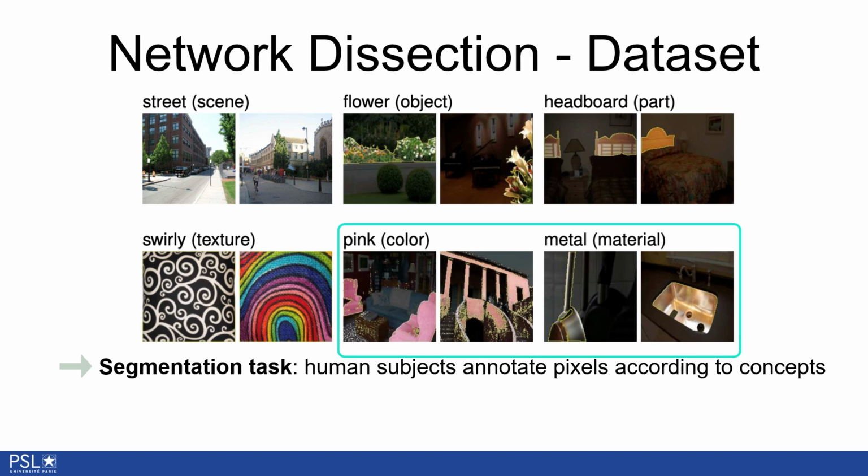Patches of images were also annotated with more abstract concepts such as color or material. Concretely, every image in the dataset was associated with a set of concepts, which each corresponded to a set of pixels in the image. This is how the dataset was created.